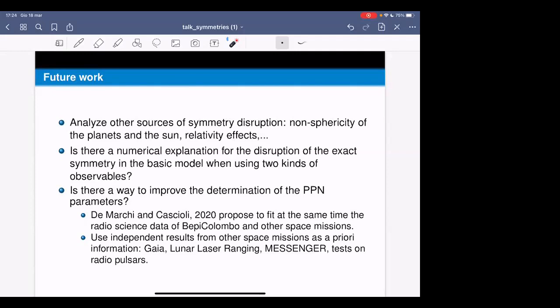For example, Gaia will measure gamma, and there are tests on radio pulsars which determined other relativistic parameters. We could simply include this information in our fit and see if we can improve the fit overall.